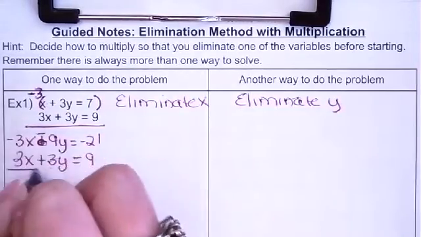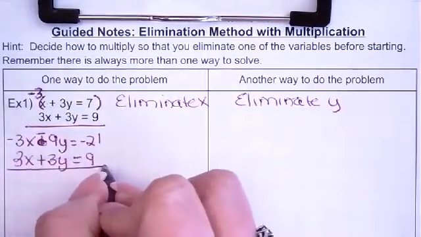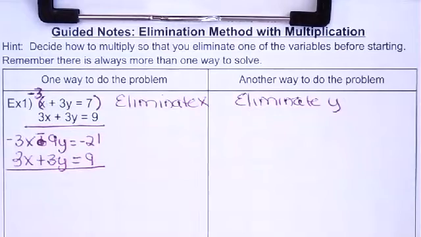Now, I want you to notice something. We typically, in the last lesson, said we put the line underneath it when we're adding it together. Sometimes the line doesn't mean just to add it together. It's used to separate your steps because you're working with more than one equation at a time. And when you get past math 1, you may be working with 3, 4, 5, more than 2 equations.